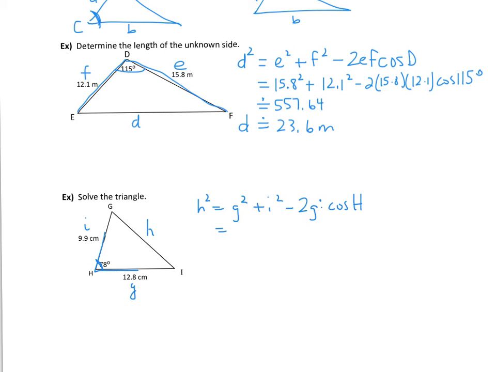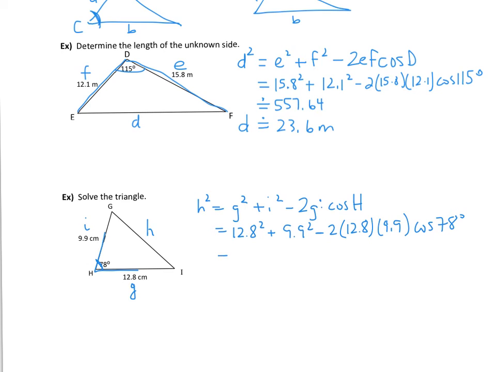Fill this in. We're going to have 12.8 squared plus 9.9 squared minus 2 times 12.8 times 9.9 times the cosine of 78 degrees.